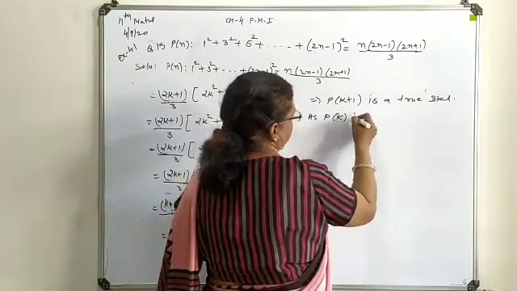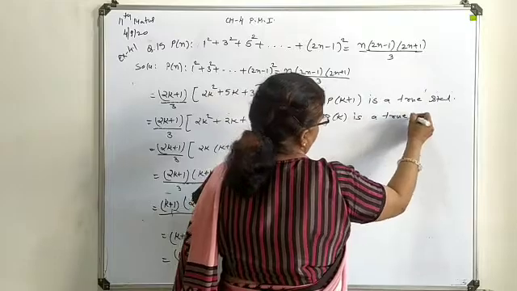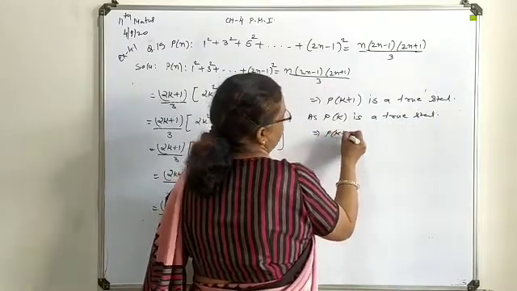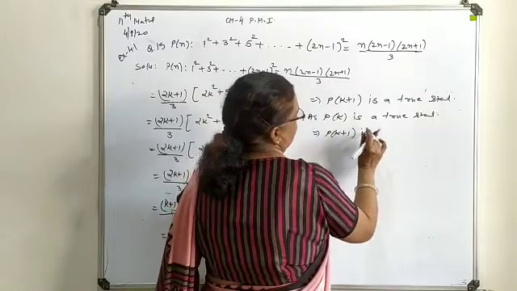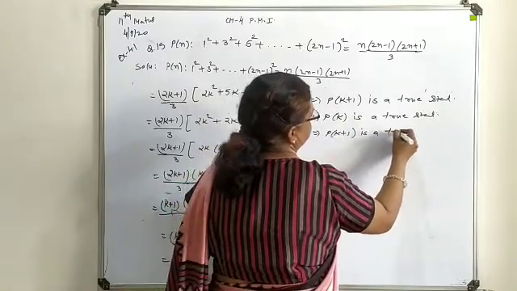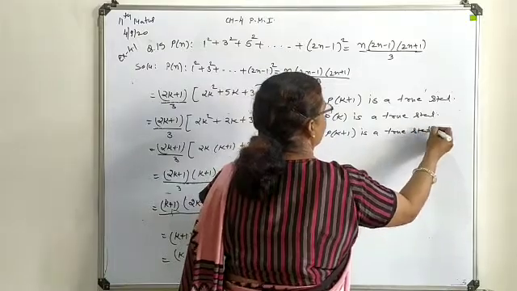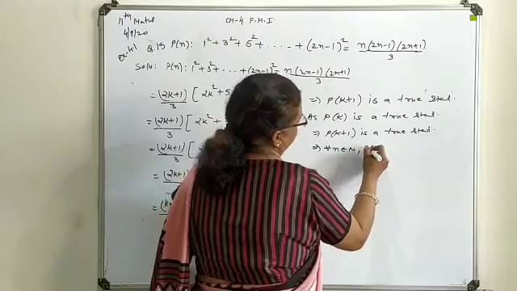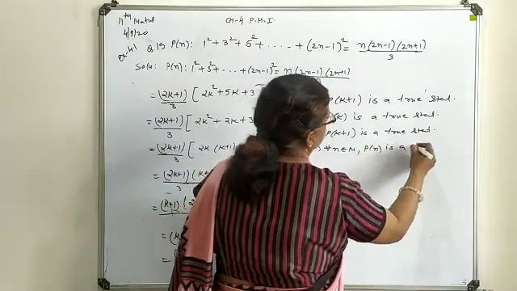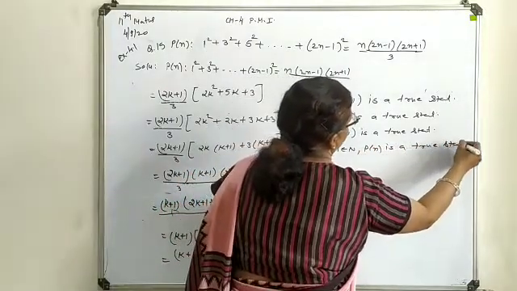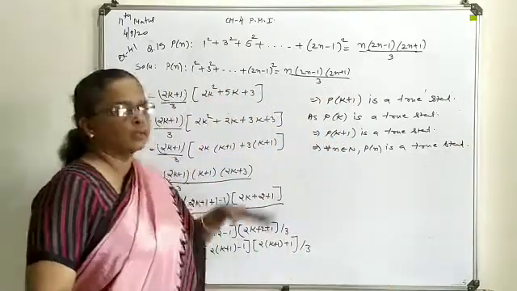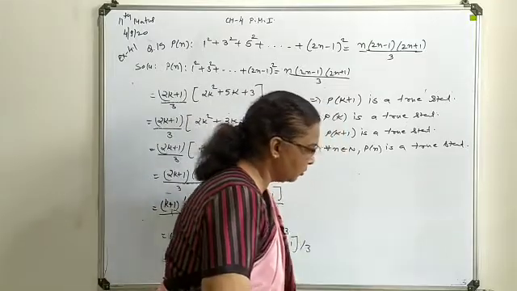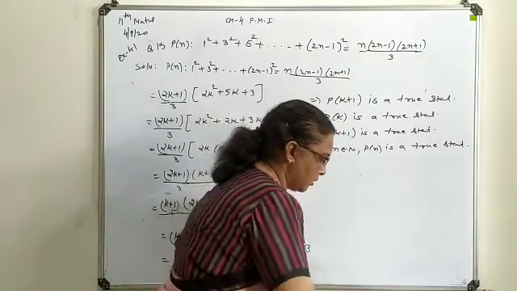So the conclusion: for all values of n, Pn is a true statement. This way you will conclude about the solution form. Now next we are going to move towards question number 17.